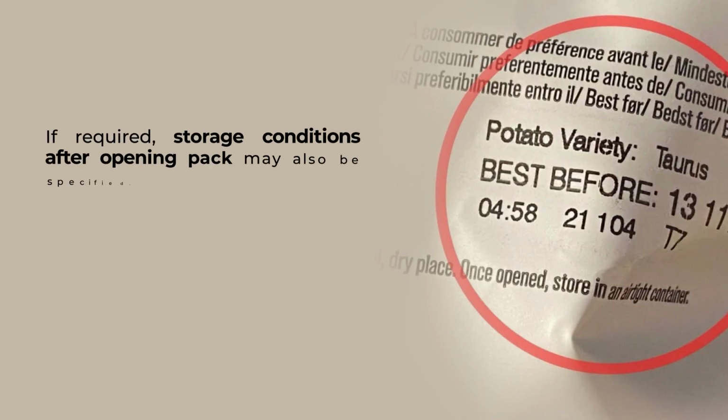The same format can also be used for the food label of a product whose shelf life is more than 3 months, but for that product the manufacturer can only mention the month and year. If required, storage conditions after opening of the pack, just like I mentioned about the aseptic pack food or the canned food, have to be also mentioned on the food label.